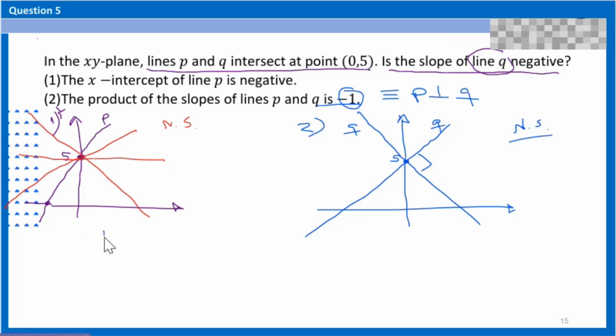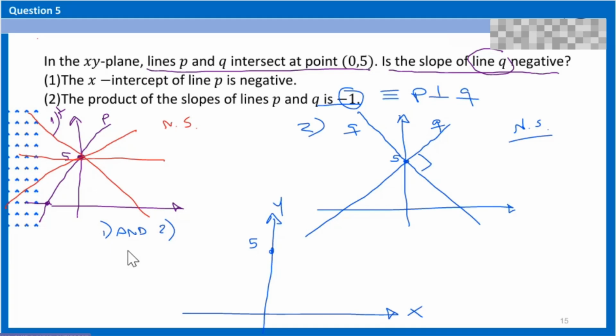Finally, you have to combine the two statements. You have your coordinate system, you have the crossing point, and you have the information that the x-intercept of line P is negative, meaning P is something like this.